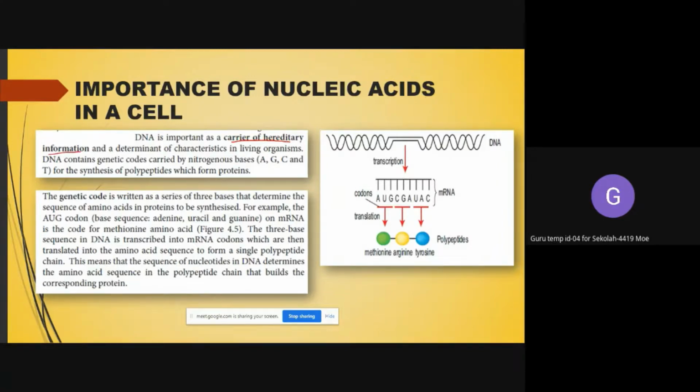Dia bawa genetic material, and determinant of characteristic in living organism, penentu ciri-ciri organism. Contohnya warna rambut, warna mata, hidung kembang ke apa ke semua tu lah, ciri-ciri dia.